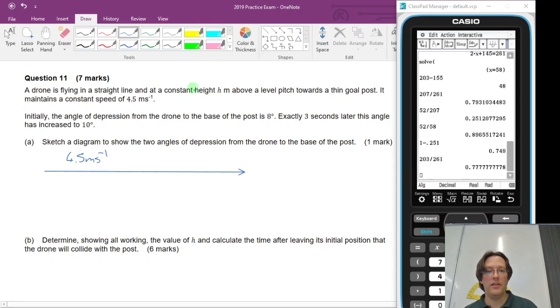Initially, the angle of depression from the drone to the base of the post is, let's try that again. So initially, we've got 8 degrees. Then exactly 3 seconds later, this angle has increased to 10 degrees.